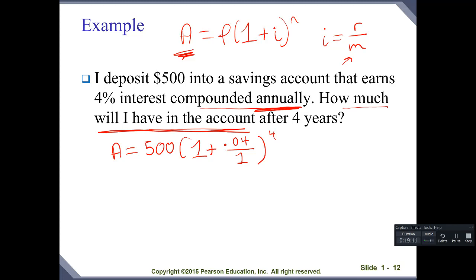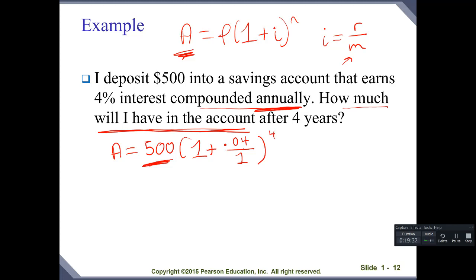Okay? So let's review this. I've deposited how much? $500. That's my P. That's my principal or my present value. I here is the interest rate divided by the number of times that interest is compounded. So my interest rate is 4%.